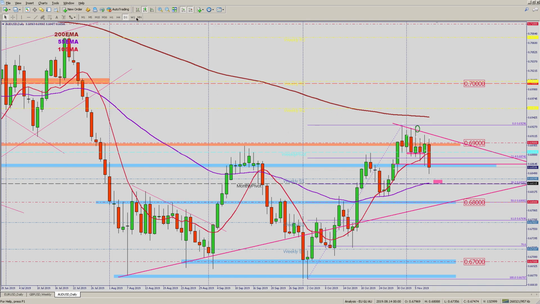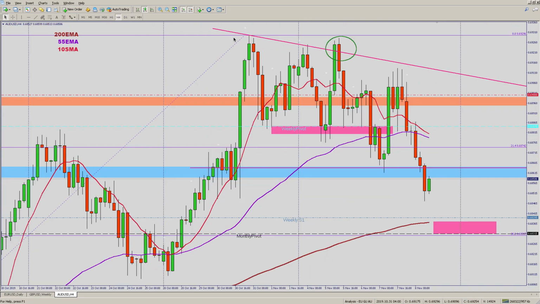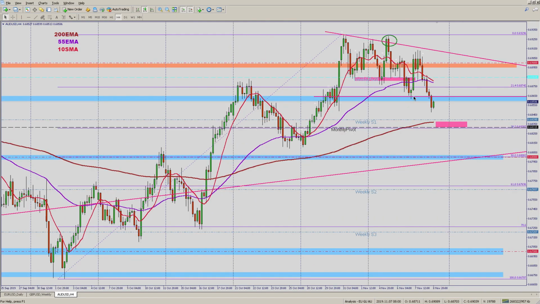And let's take a look at the 4-hour time frame. It has dipped lower from the weekly pivot below this lower trend line of the descending triangle, and is attempting to reach the monthly pivot zone where the 38 fib retracement is, and also where the 200 period EMA is.